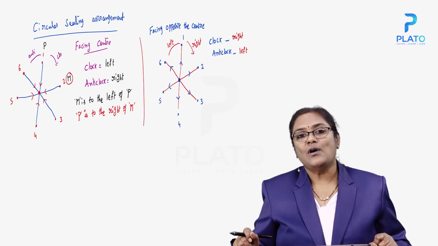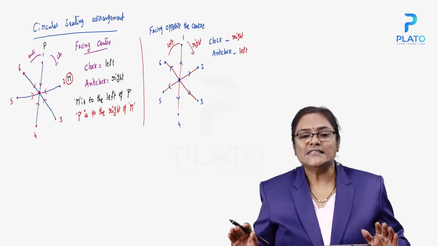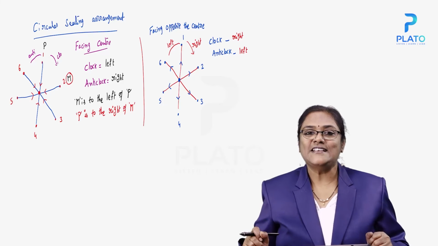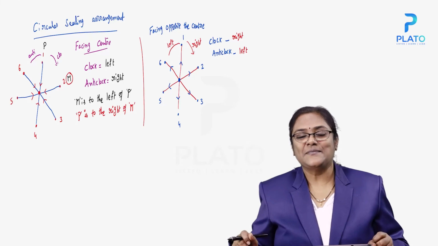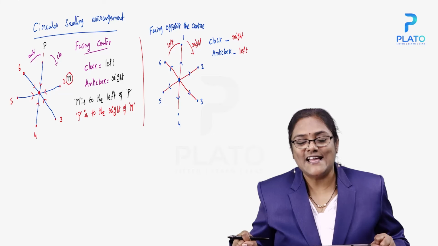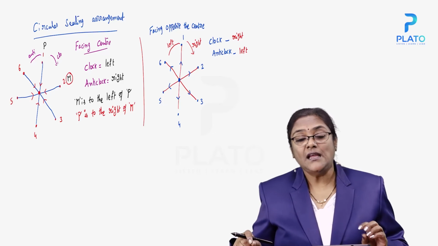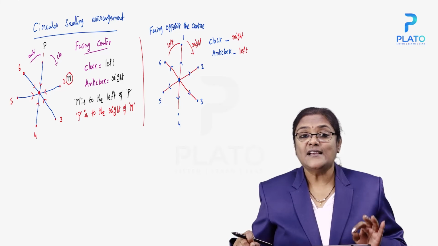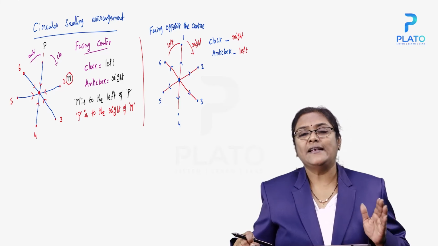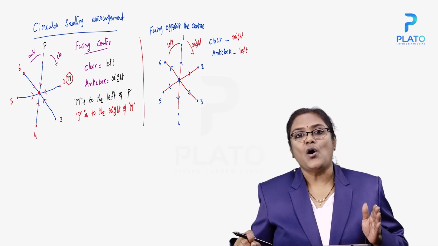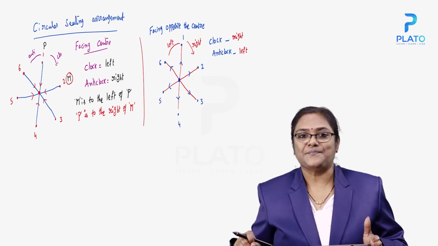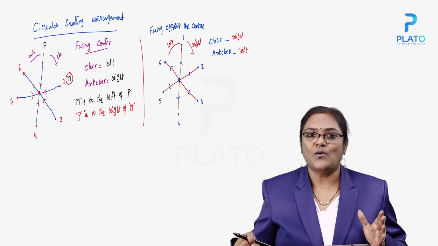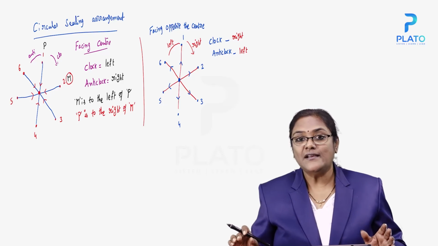I always advise you that when nothing is given, always take that people are facing the center, because we are very comfortable with the first model that clock is left and anti-clock is right. So by default you can understand that all the people are facing the center. From every person, the clockwise direction is left and the anti-clockwise direction is right. Am I clear, my dear friends?